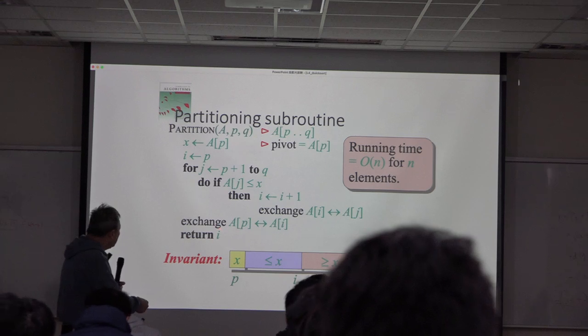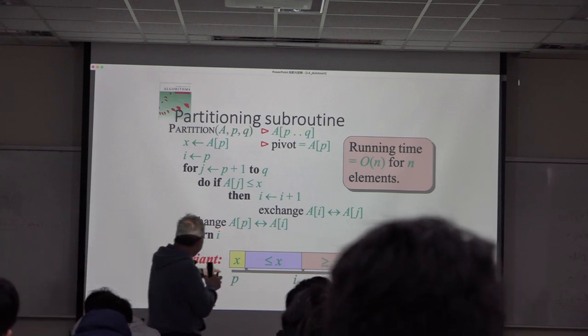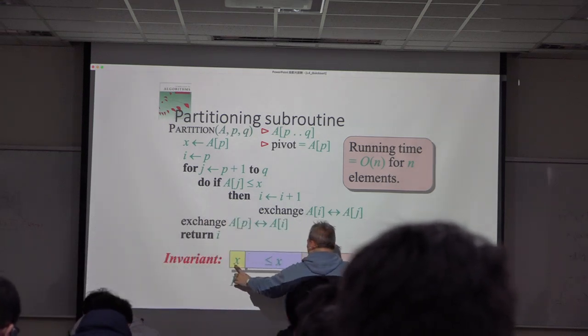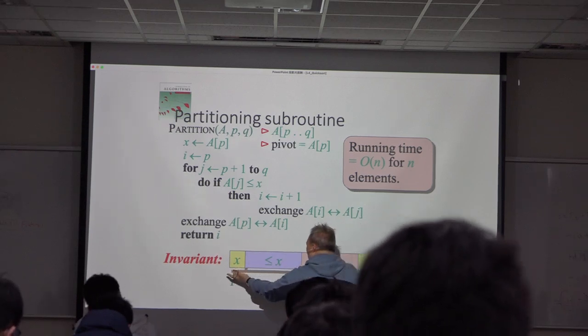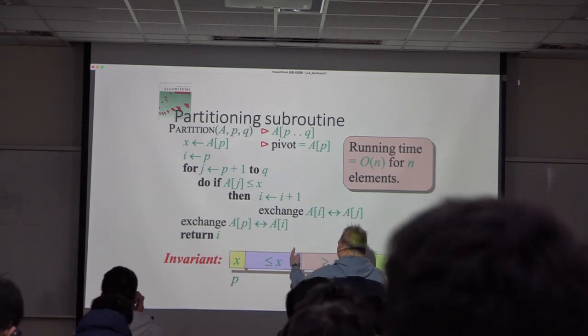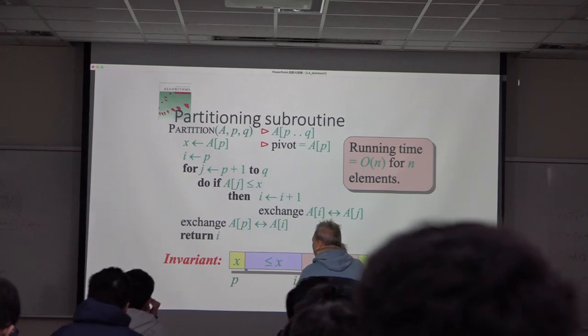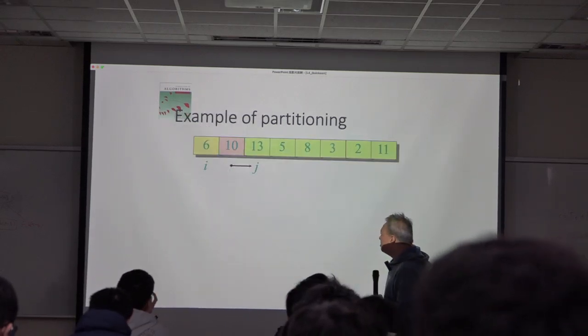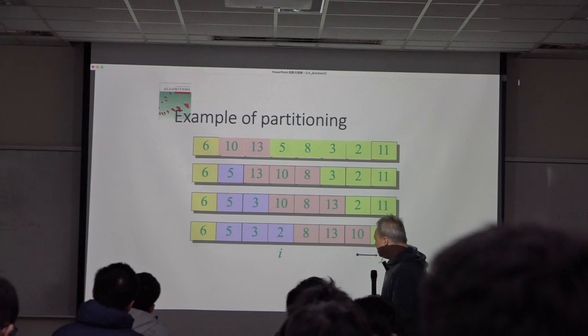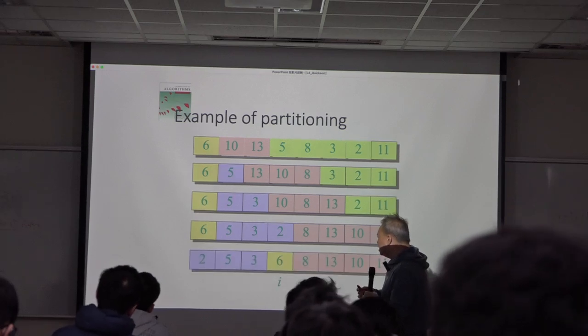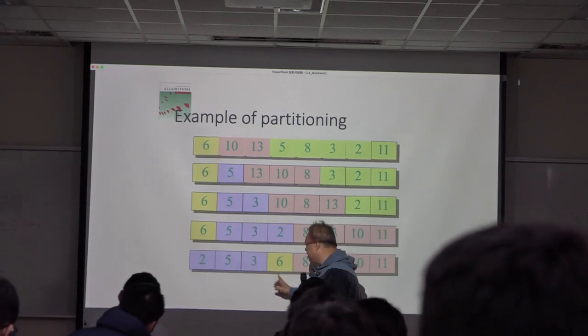We are going to return I. Remember, at the end we exchange the pivot with I, so we return the index of the pivot. In this case, we return the index here.